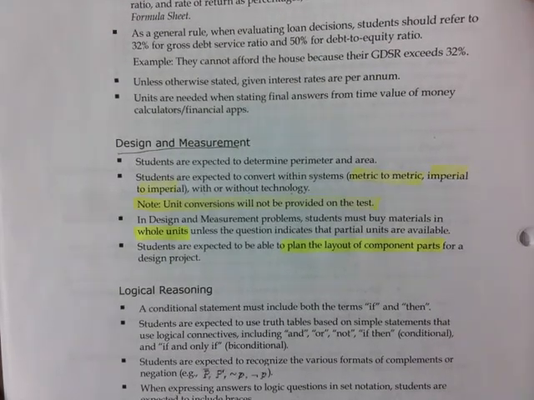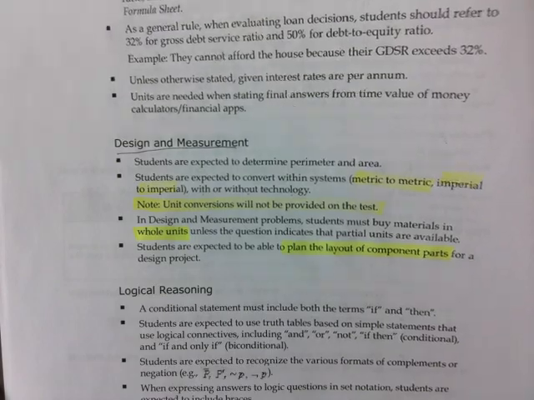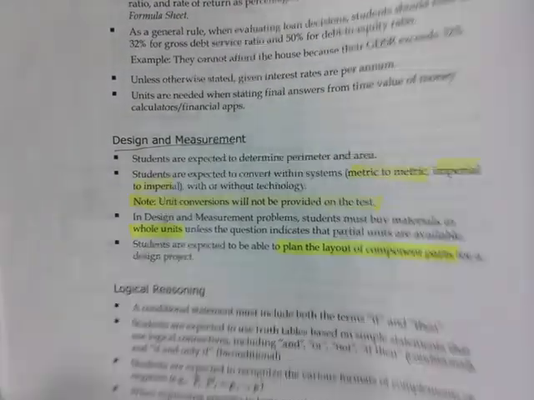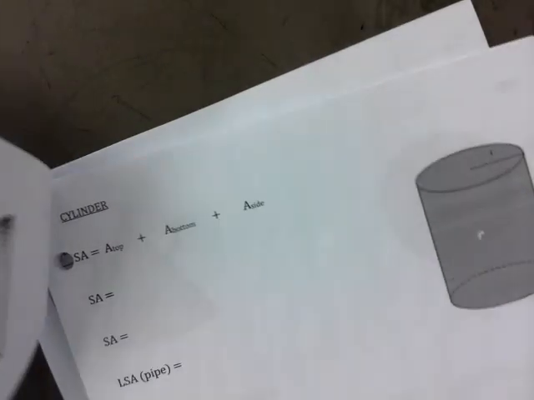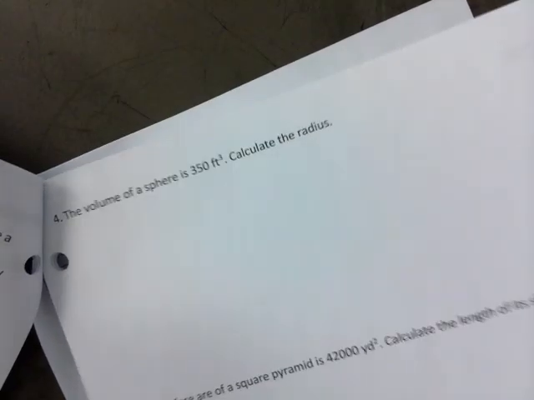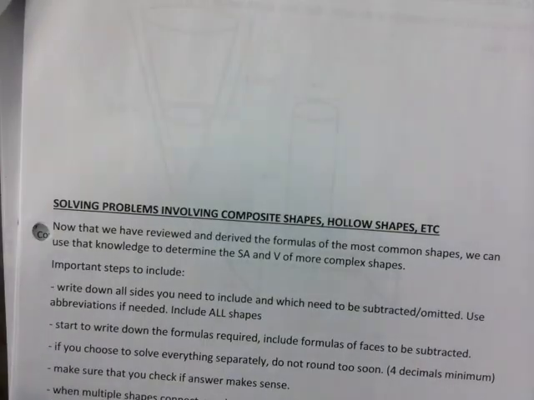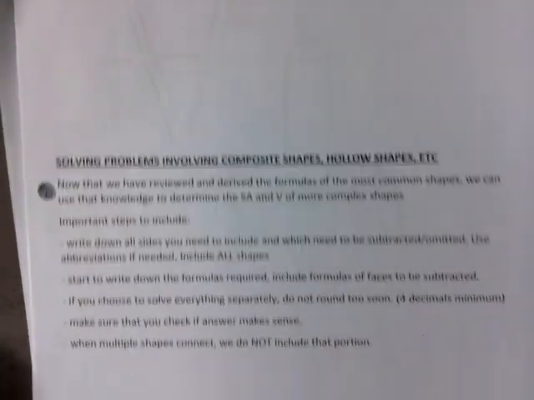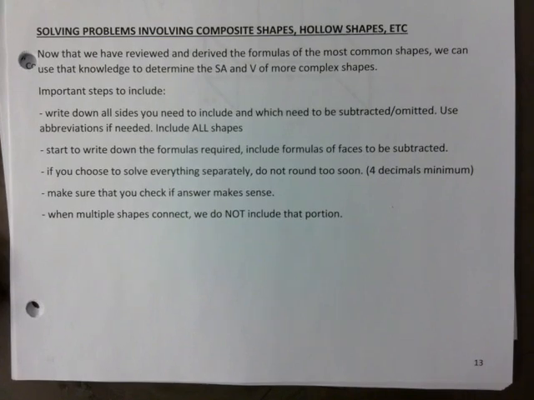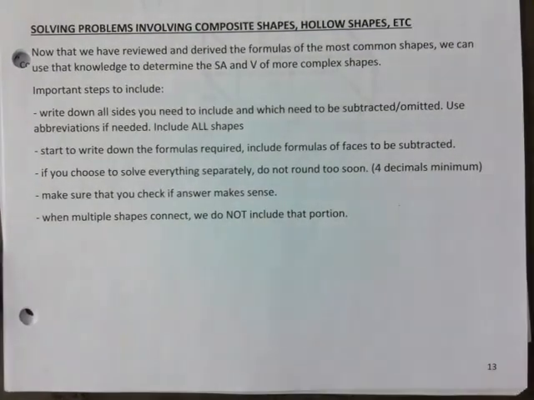So it's just going to be maybe a little bit more, but other than that, that's what I expect you to do. Okay, so I'm going to assume you did everything up to 11, and we're going to jump into now using those formulas. So let's go to 13.